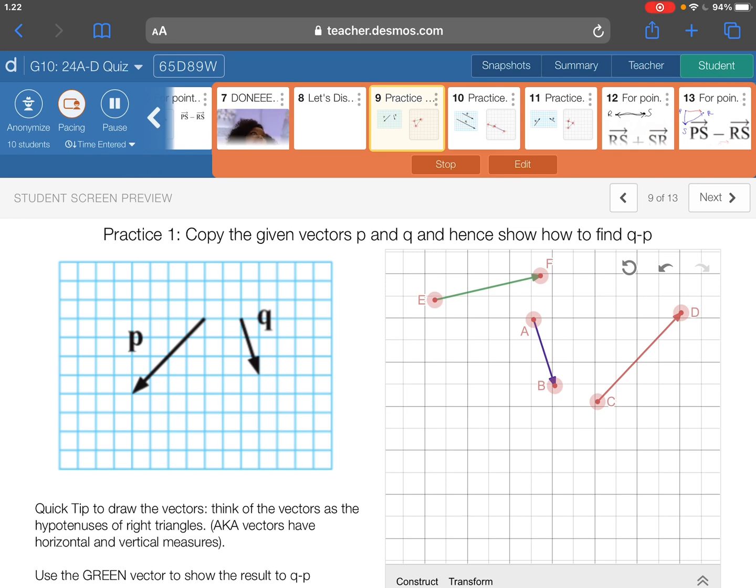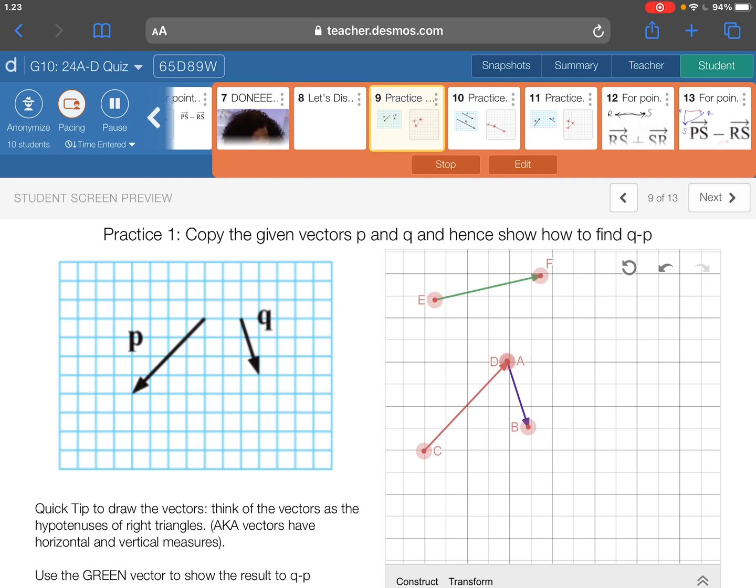So if we started with negative P, that means this. Same direction, same magnitude. I'm going to hold it here, and then we're going to add Q because we wanted to see negative P plus Q, right?